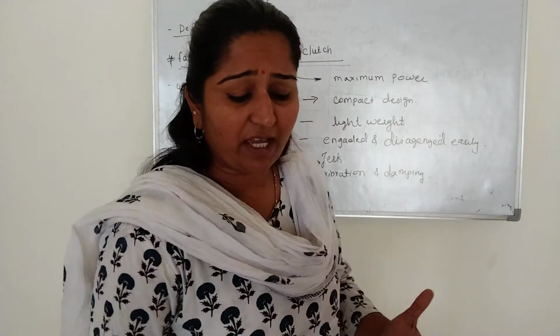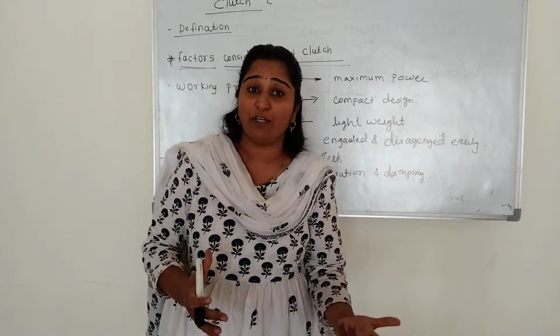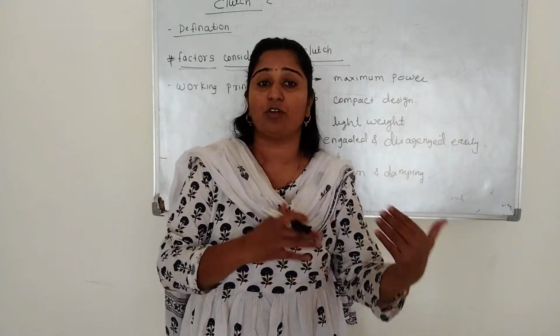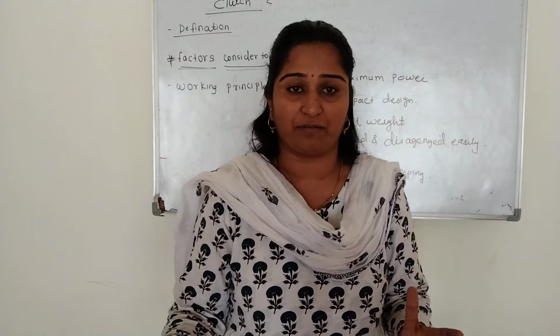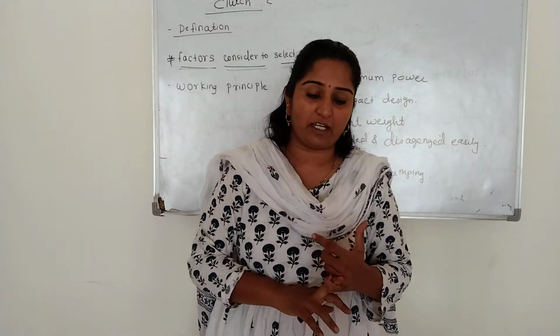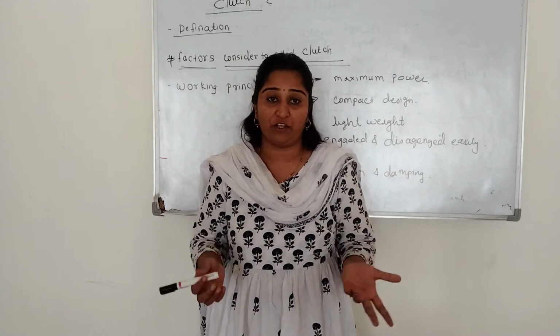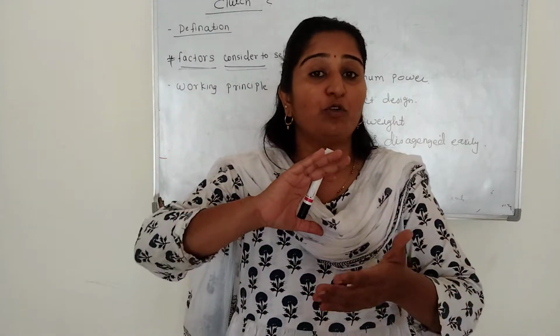Now, what is the working and principle of the clutch? As we know, it is a device used to transmit the rotary motion of one shaft to another shaft. It is based on the principle of friction, meaning all the work in the clutch happens due to friction.